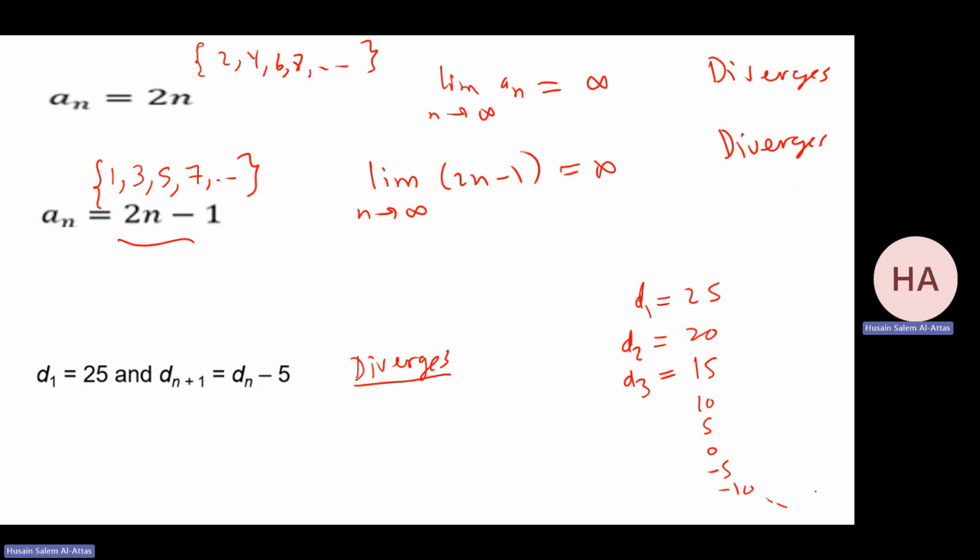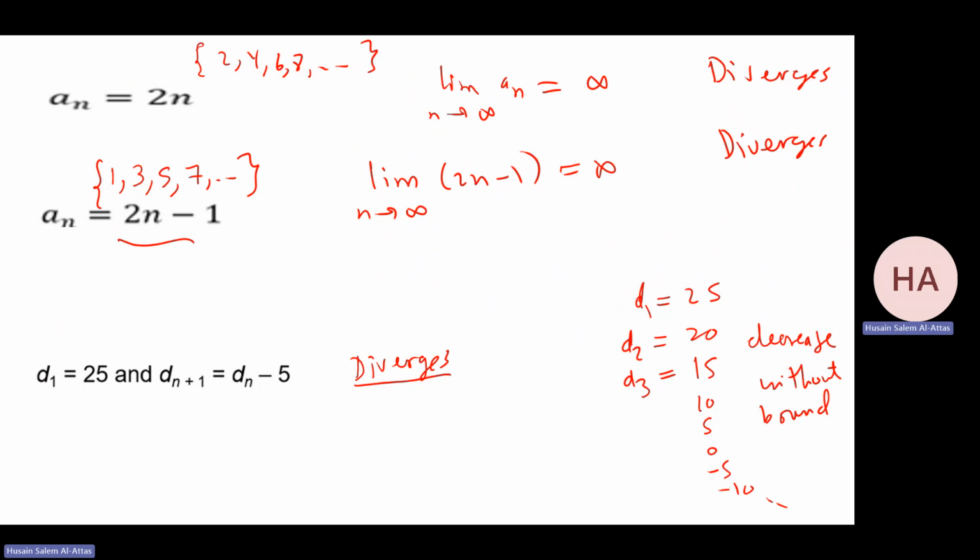It will go down more and more, so it will diverge. It will decrease without bound. Very clear.